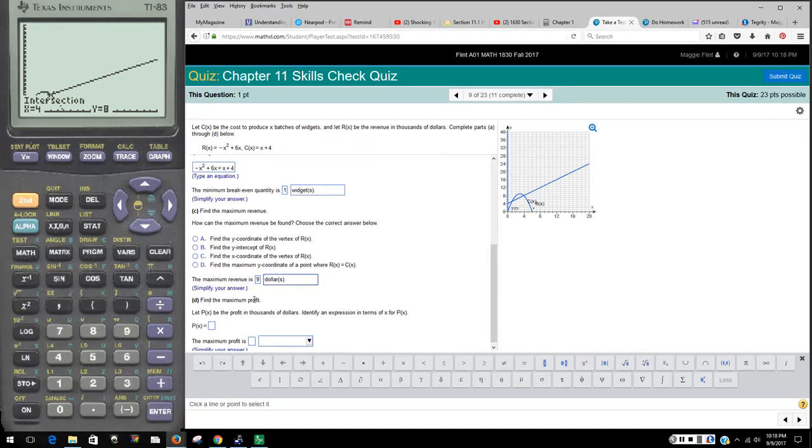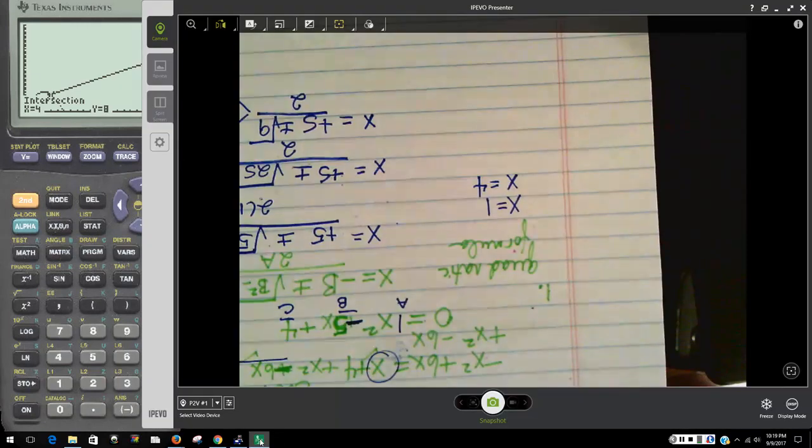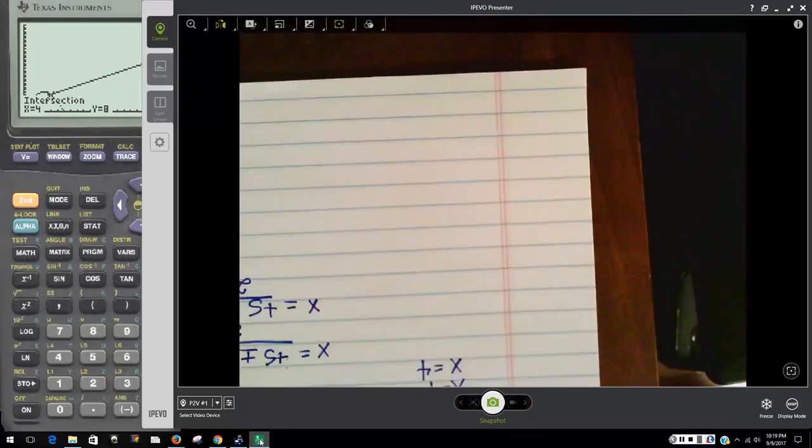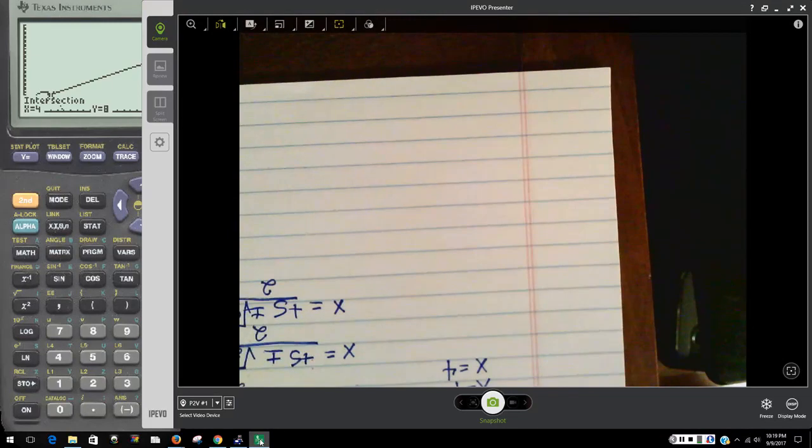Find the maximum profit. Okay, maximum profit. Profit is actually the equation revenue minus cost. So we need to determine what the profit equation is. So let's again retire to the document camera and talk about profit.